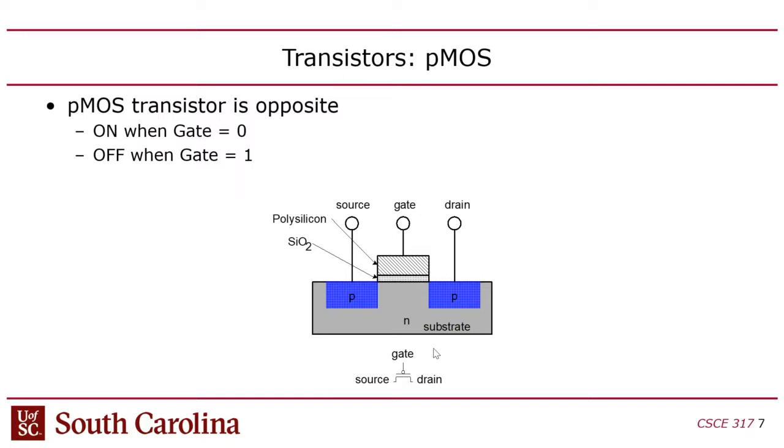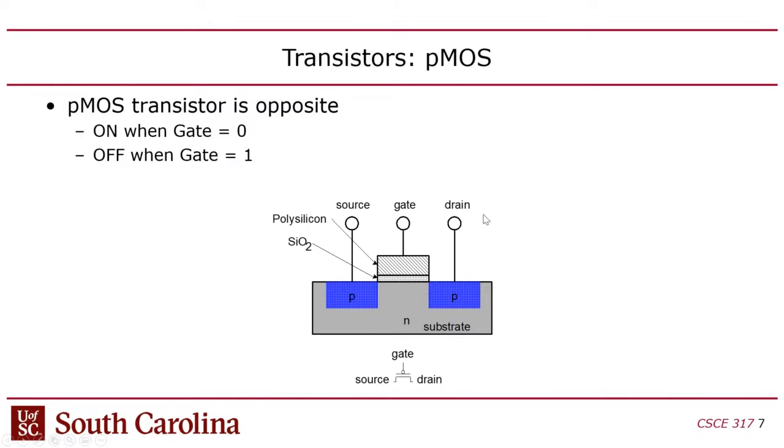So PMOS, or PFET, or P-type transistor, whatever you want to call it, is just like the N-type, but the types of the doping is switched. So the source and the drain, which again are the two diffusion areas, are P-type, and then the substrate is N-type.